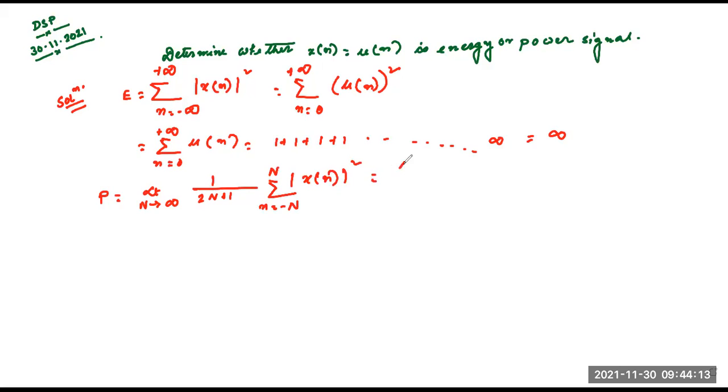That is equal to limit N tends to infinity 1 by 2N plus 1, into summation of n equals 0 to capital N, u of n.